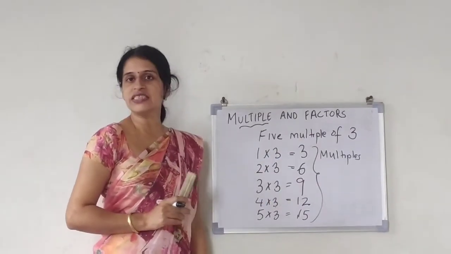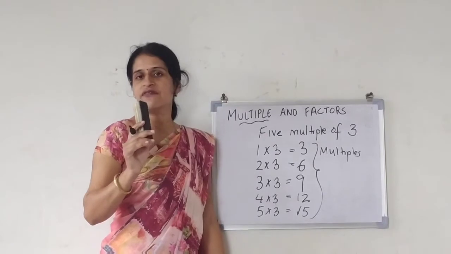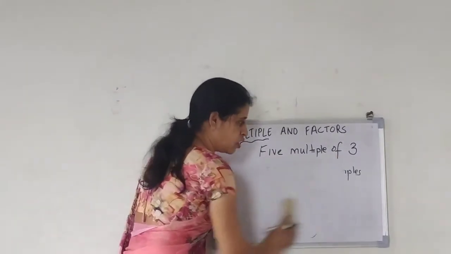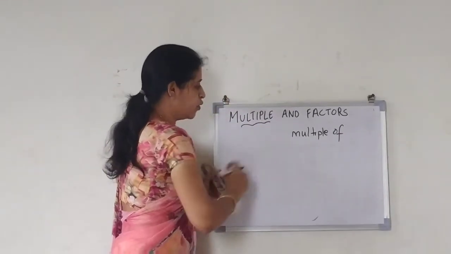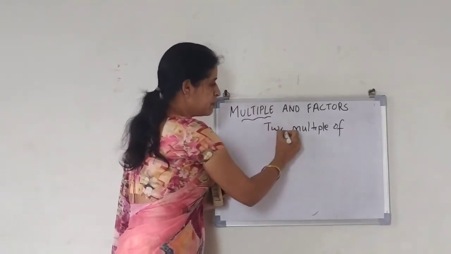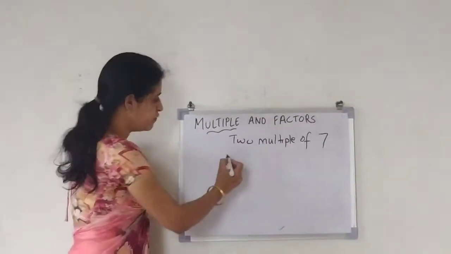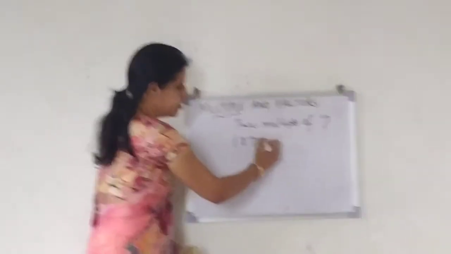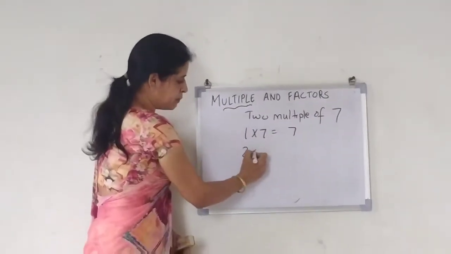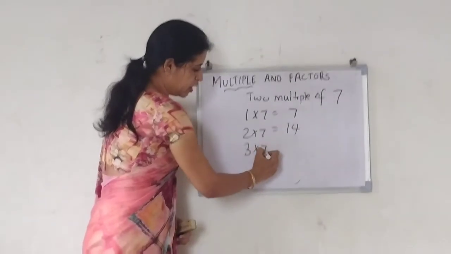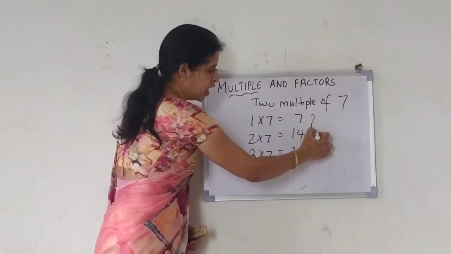Suppose they ask you to write the first 3 multiples of 7. How will you write? First multiple of 7 is 7. Second multiple of 7 is 7 twos are 14. Third multiple of 7 is 7 threes are 21.